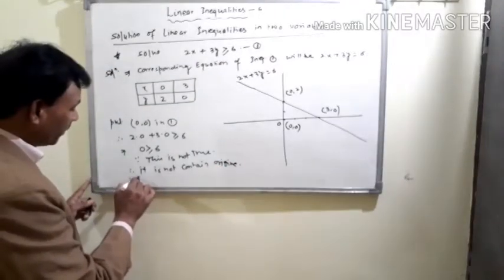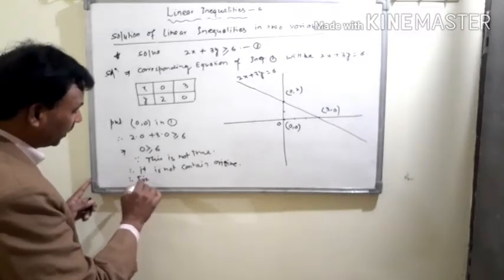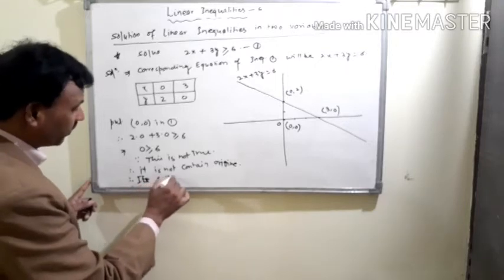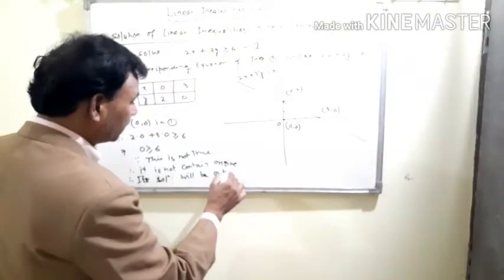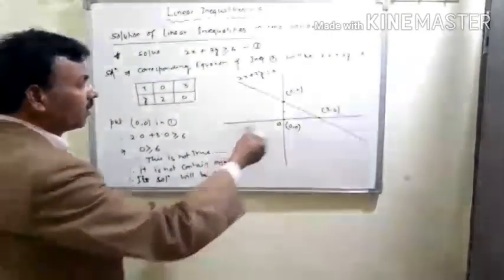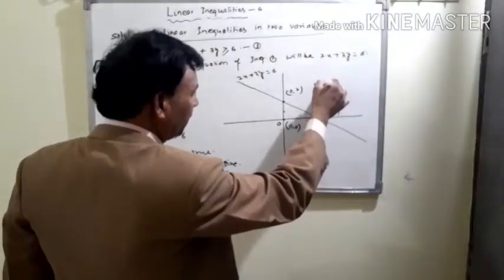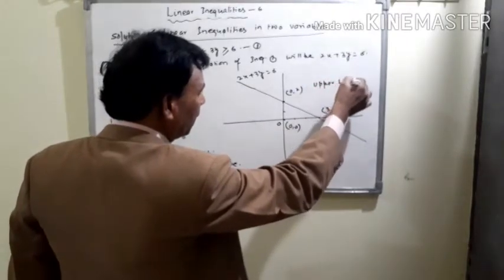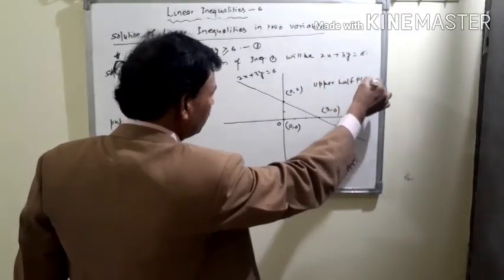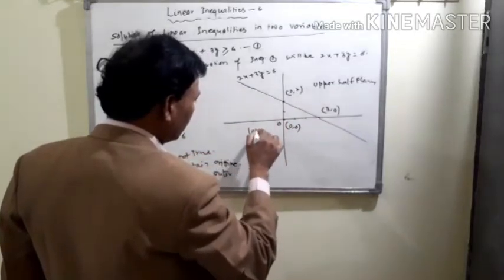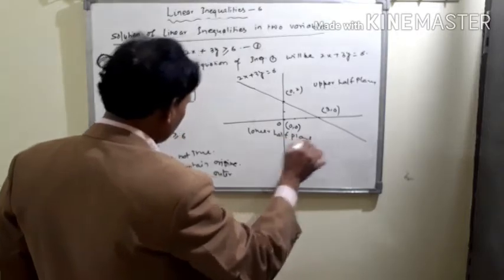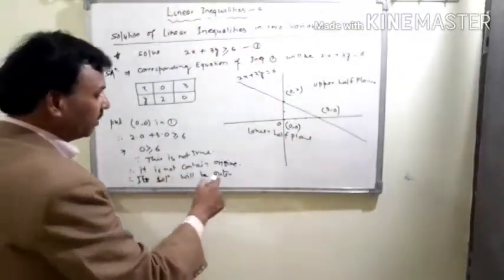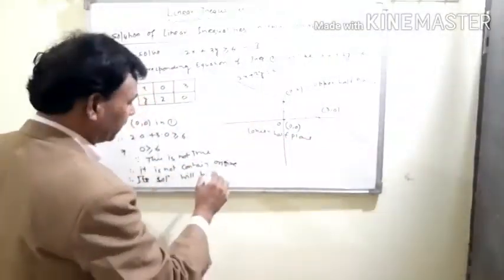Therefore its solution will be outer, meaning this is the upper half plane, and this is the lower half plane. That means its solution will be the upper half plane.